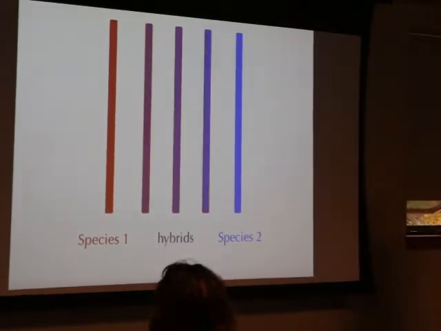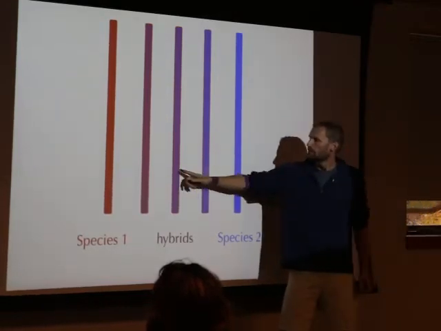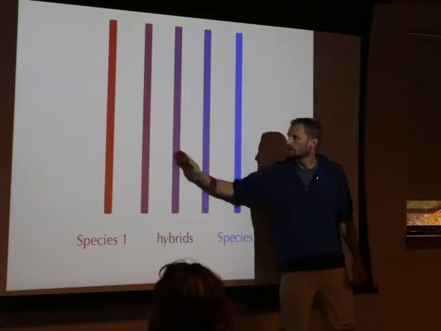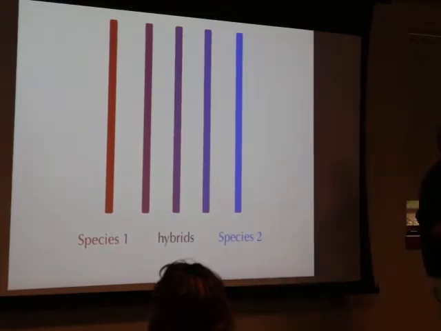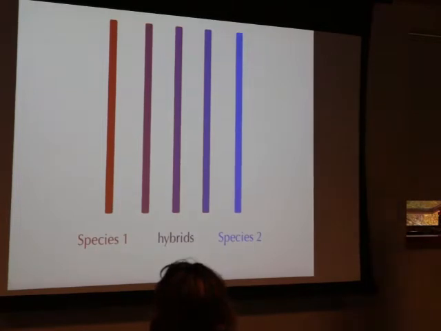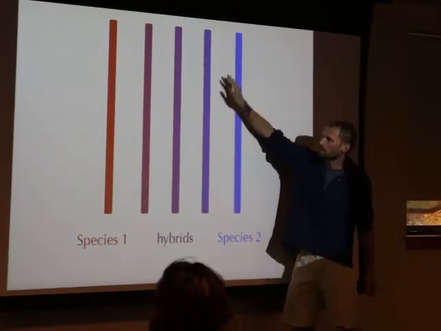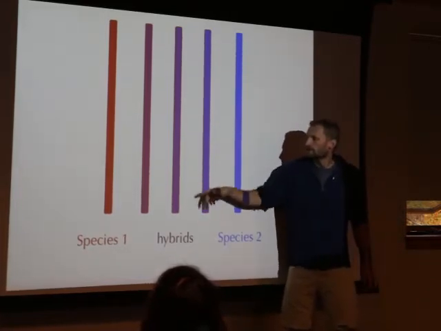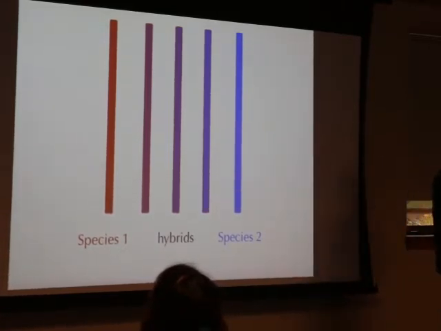And if that process continues and you start to, for instance, have backcrosses and later generations of hybridization, you start to get a whole mix of individuals with ancestry that comes from both parents. And you would presumably, if you could look at the genomes of all of these individuals, see that mixed ancestry spread out across the genome.